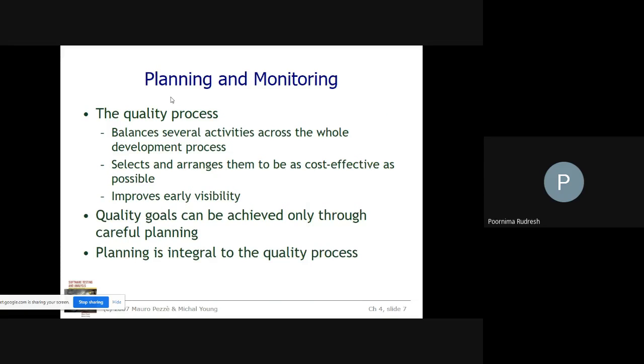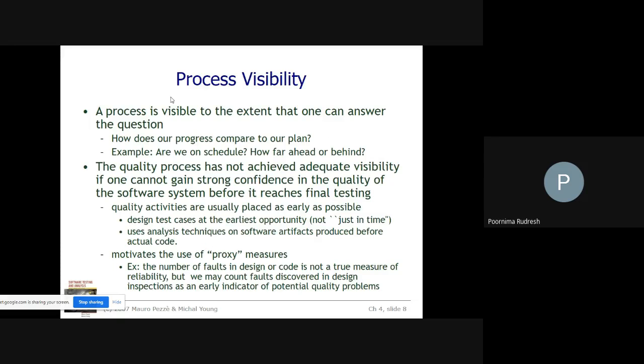And so whenever we are achieving quality, these quality goals will be achieved through proper and careful planning of the process. Okay, the quality goals can be achieved only through careful planning and the implementation of those plans. So hence planning is integral to the quality process.